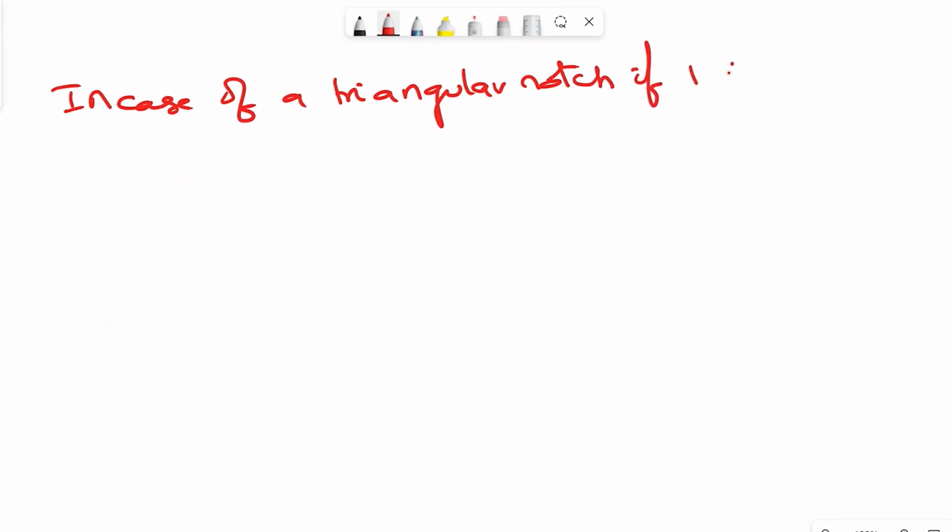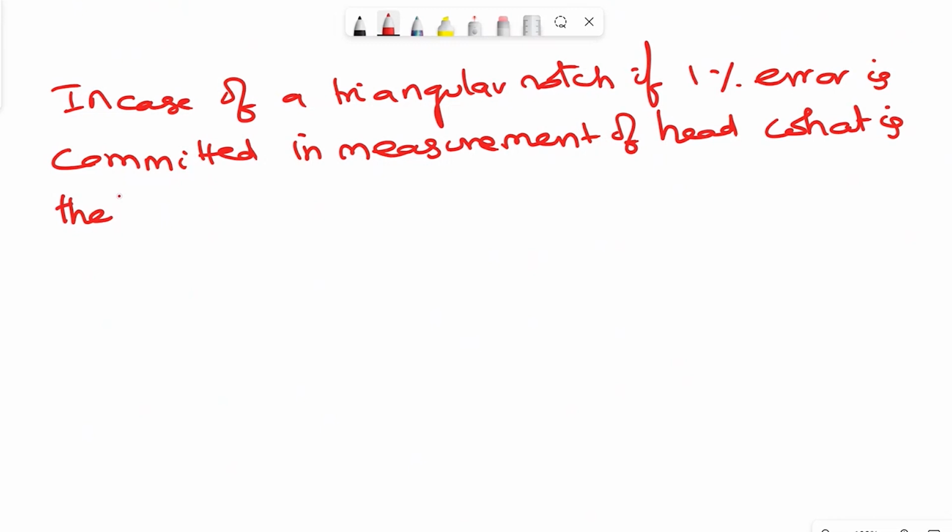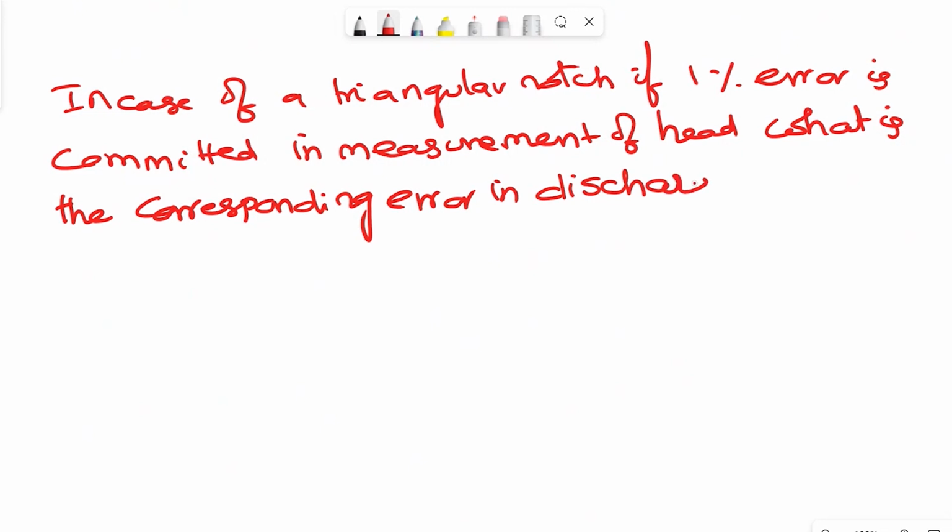If 1% error is committed in measurement of head, what is the corresponding error in discharge? So this is the next point.